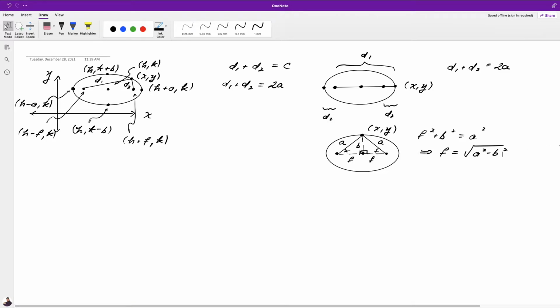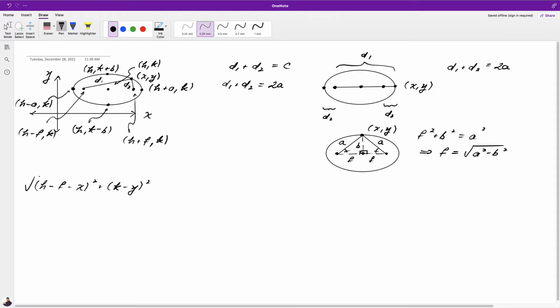Let's now get back to trying to derive the general formula. So we know that d1 plus d2 is equal to 2a. So what is d1? Well, using the distance formula, it's going to be the square root of h minus f minus x all squared plus k minus y all squared.